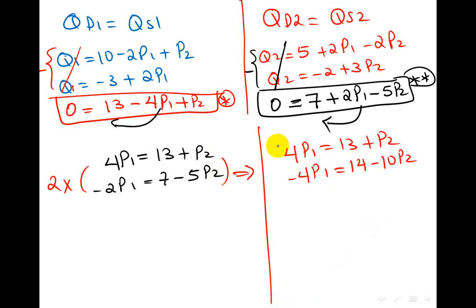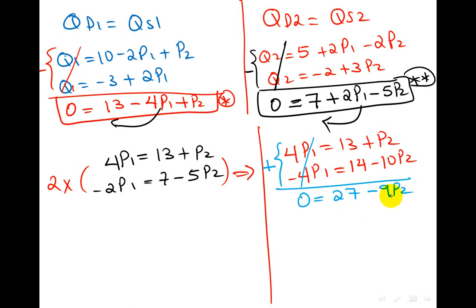Next, since these two variables that I'm going to eliminate have different signs, I'm going to add. So 4 minus 4 will give you 0, 13 plus 14 will give you 27, and 1 minus 10 will give you negative 9P2.